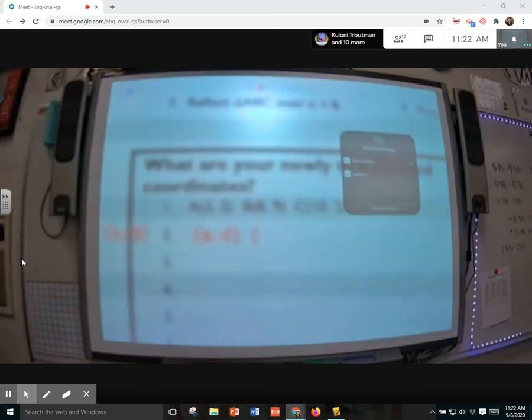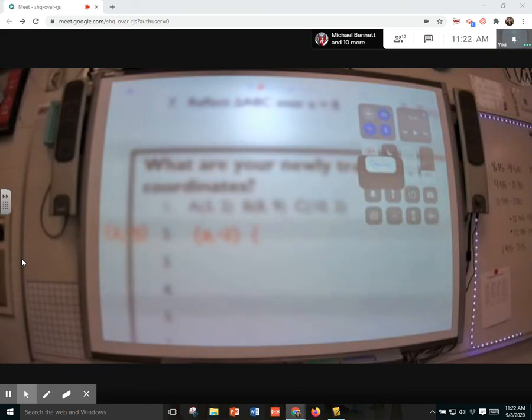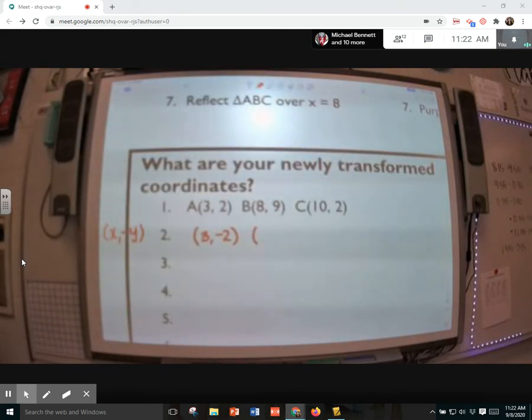B is going to be at 8, negative 9. And C is at 10, negative 2.